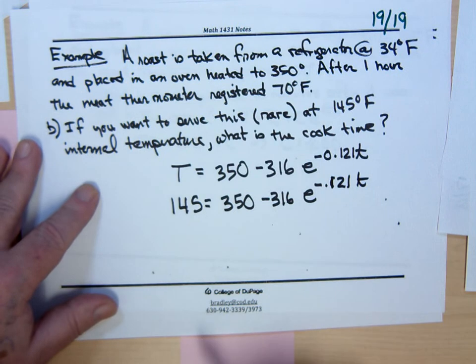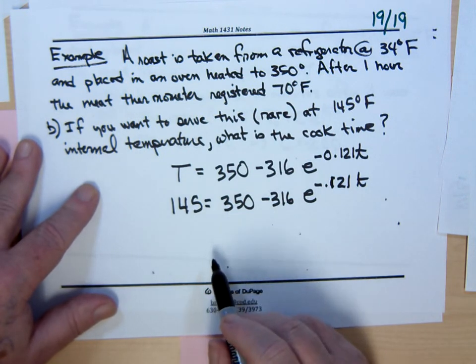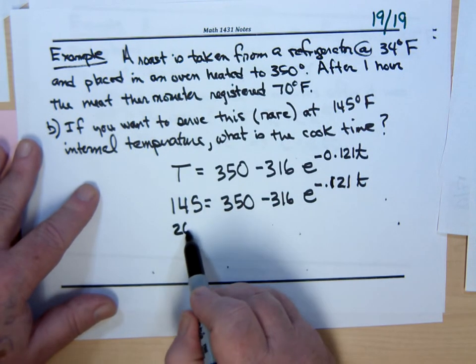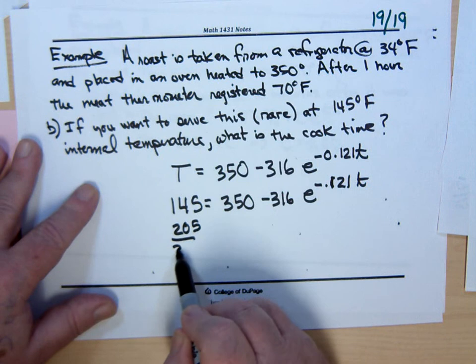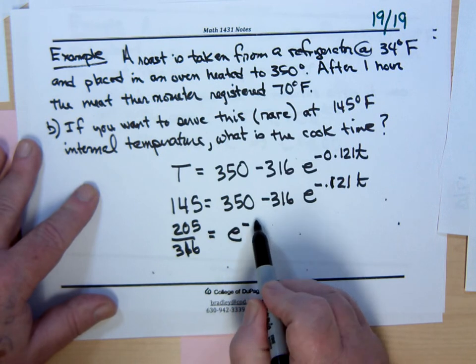So we're going to subtract that from both sides, and we will then take logarithms. Let's subtract from both sides first. So it is 205 over 316 is equal to e to the minus 0.121 t.